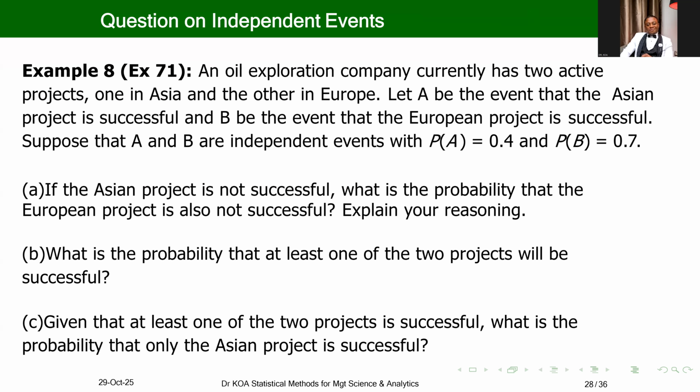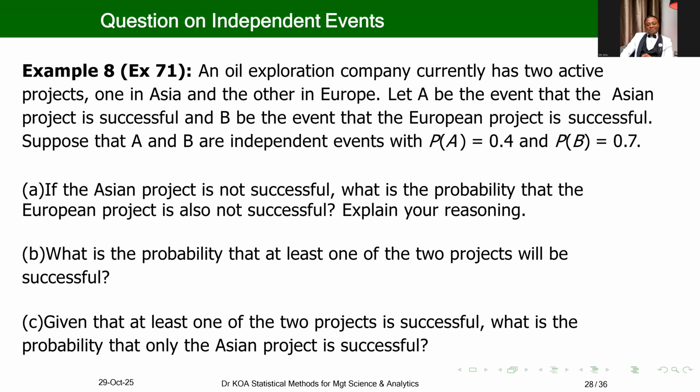An oil exploration company currently has 2 active projects, one in Asia, the other in Europe. Let A be the event that the Asian project is successful, and let B be the event that the European project is also successful. Suppose A and B are independent events with probability of A being 40% and B being 70%.